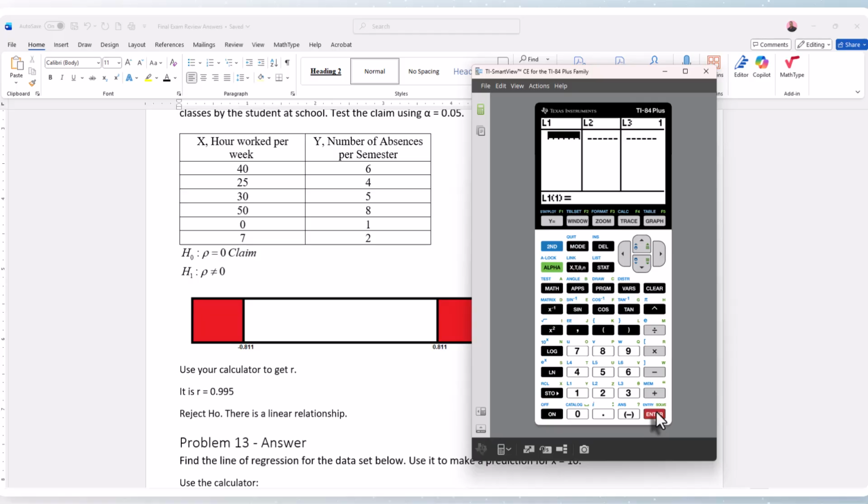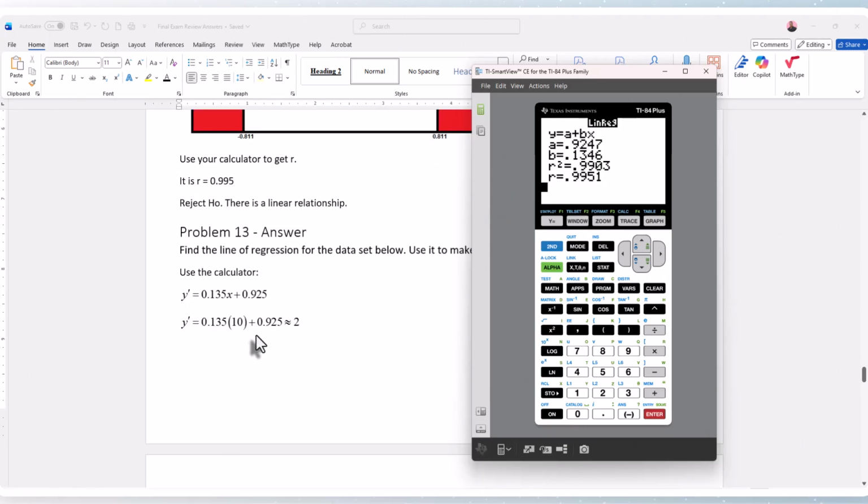And we type in all the X values in the first column, Y values in the second column. Press Stat, go to Calculate, select 8. Make sure L1 and L2 are selected, and we calculate. R is 0.995, which falls in the critical region, so we say reject H0, there is a linear relationship.